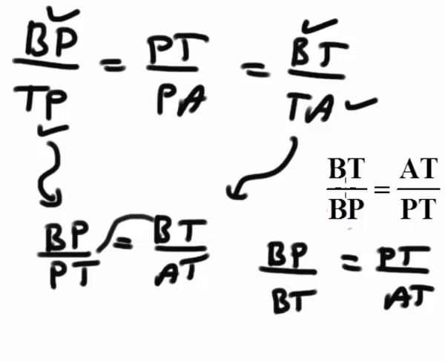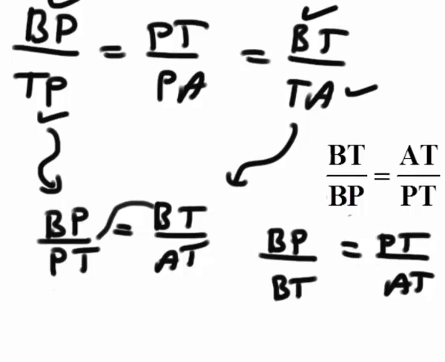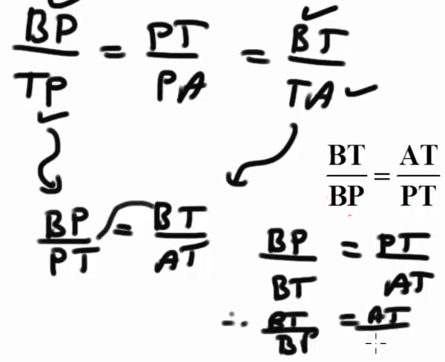There we go. Now you've got the BP and the BT and the AT and PT, and all you now have to do is simply swap those. So you can say, therefore, BT over BP is equal to AT over PT, and there you've got what you want.